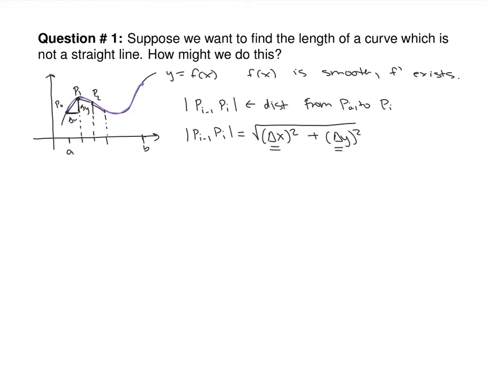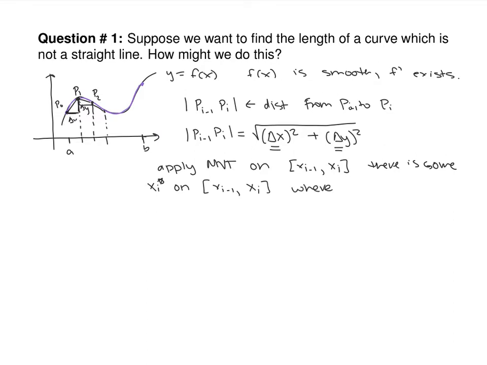The delta y for that first piece is going to be different than the delta y for this next piece, and what it is depends on the curve. So here is how we're going to figure out what that delta y is. We apply the mean value theorem, MVT, from calculus 1, on the interval x sub i minus 1 to x sub i. And what that tells us is there is some x sub i star in the interval from x sub i minus 1 to x sub i.